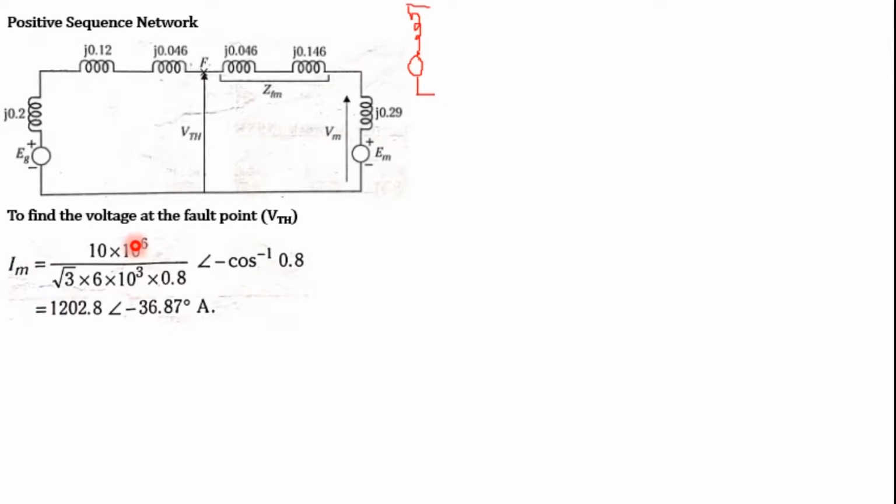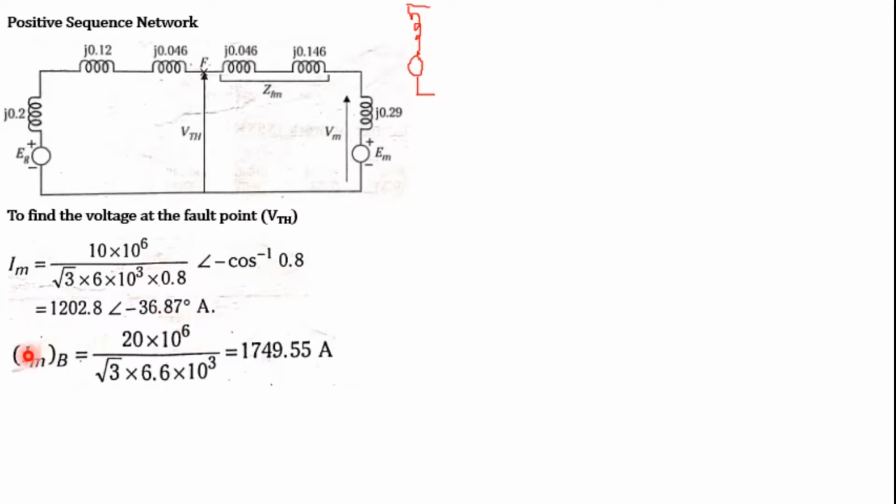This is 10 megawatt divided by root 3 into the voltage. It is the actual value, it is working at 6 kV, divided by 0.8. Why are we considering 0.8? Because it is megawatt, so we have to convert megawatt in terms of amperes, at an angle of minus cos inverse of 0.8 because it is lagging. Okay, we will get 1202.8 at an angle of minus 36.87 amperes.